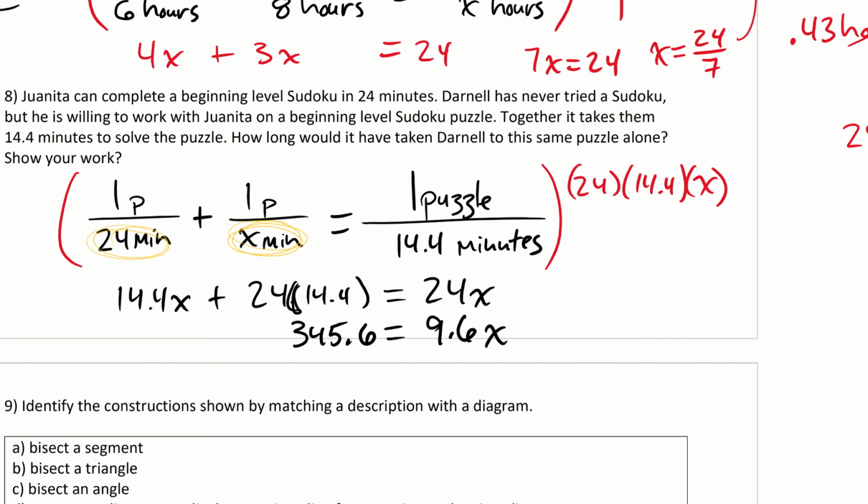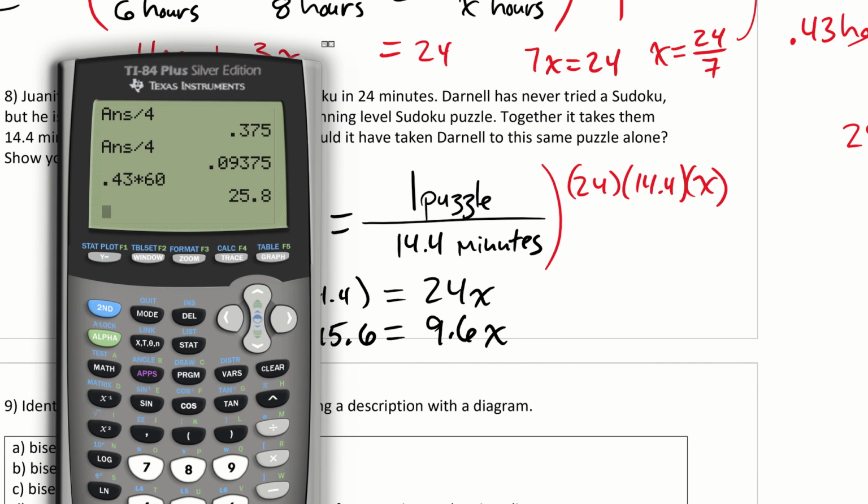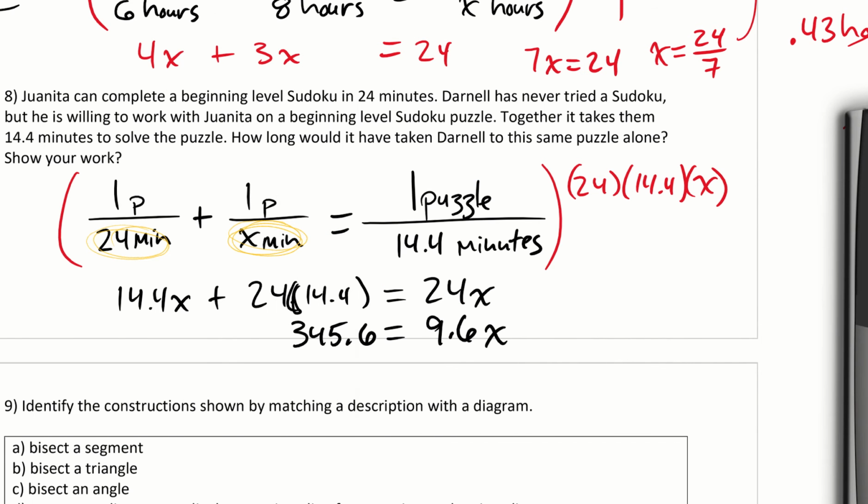So to solve this for x, let me take the 345.6 and divide it by 9.6, and I get 36. So x is 36.